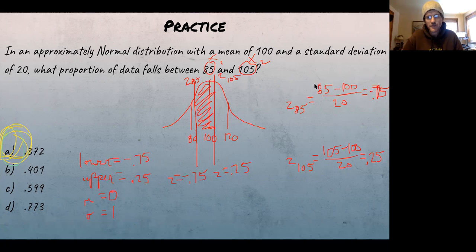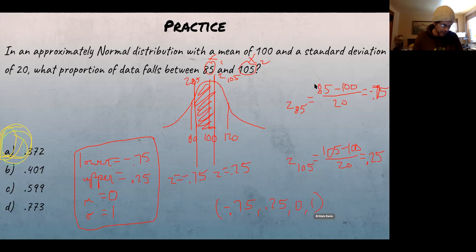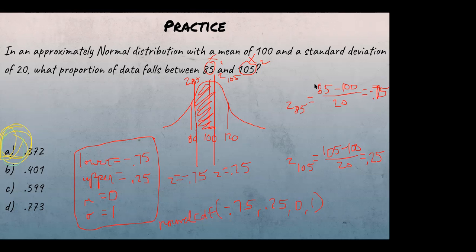And the only difference if you don't have the interface is that you don't plug it in like this. You just take those same 4 values and you put them in a row, negative 0.75, 0.25, 0, and 1 with your normal CDF.